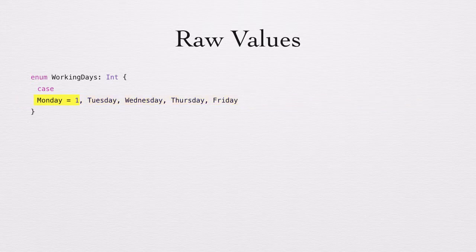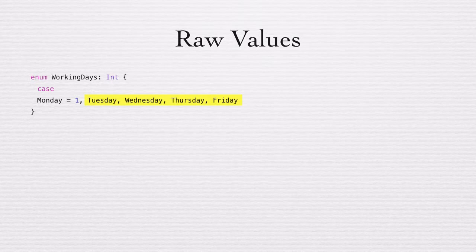We assign an explicit ordinal value of 1 to the first member. This is the raw value assigned to the member Monday. All subsequently declared member variables will get auto-incremented raw values. Tuesday will have a raw value of 2, Wednesday will have a raw value of 3, and so on.